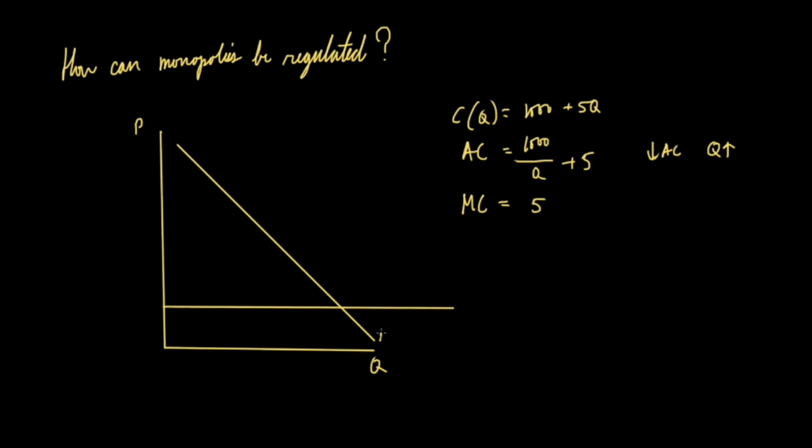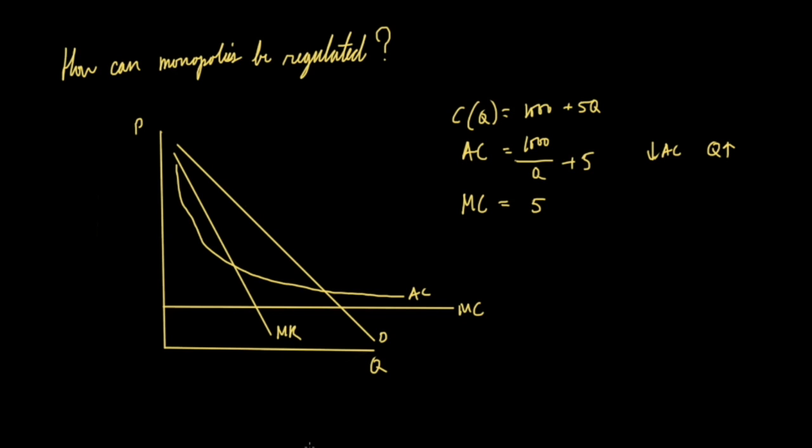So this is our demand curve, this is our marginal cost, and our average cost would look something like this. And of course, we have our marginal revenue, the marginal revenue of the firm, which looks something like this.